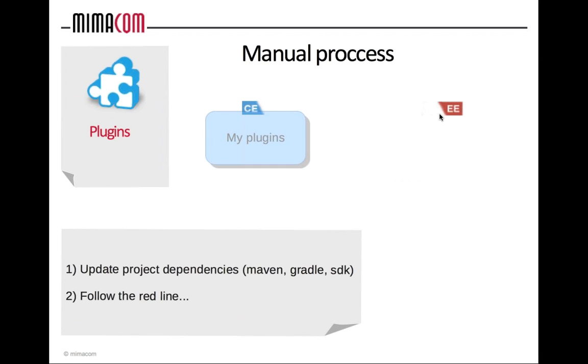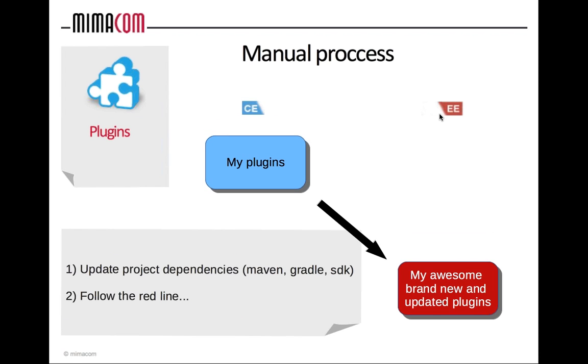No, we don't need these things. We only need to migrate our plugins to our goal version. So we have here our plugins. We go directly to the goal version, to our target version here, and we will find our awesome brand new updated plugins without the previous step.